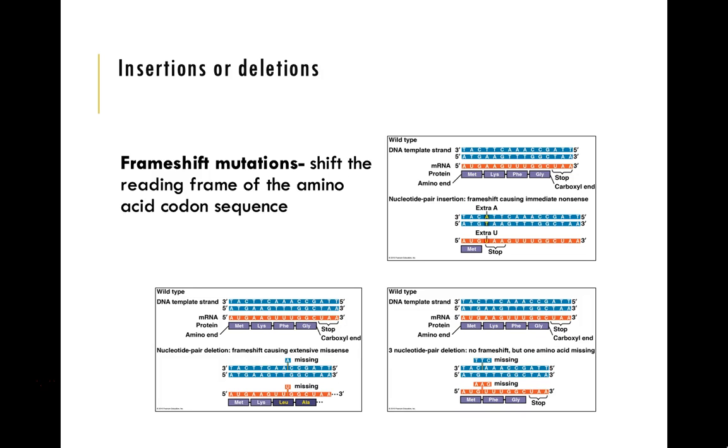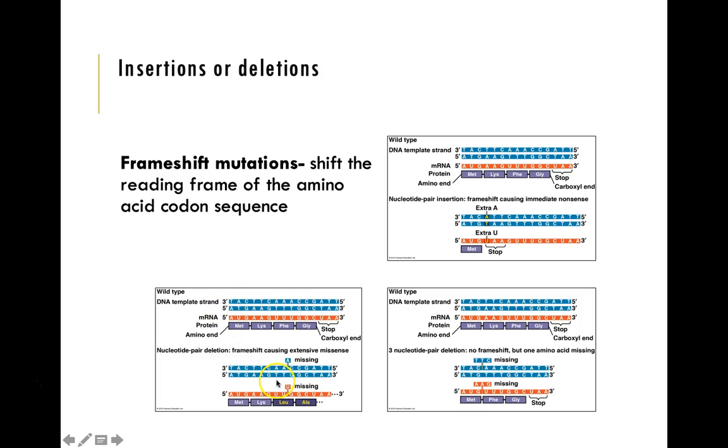But if we look at these three examples here, these are the three different ways that a frame shift mutation can occur. So top right, we insert an A. In this case, we have produced a nonsense protein. We introduce a stop codon, so nothing happens. Because now we have an extra base, it shifts the reading frame all the way down, and we introduce a stop codon.